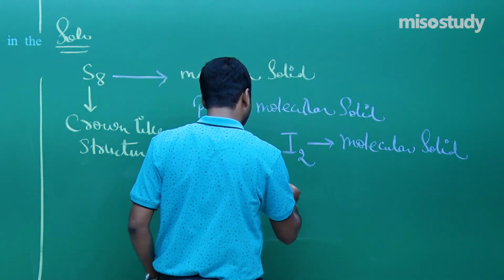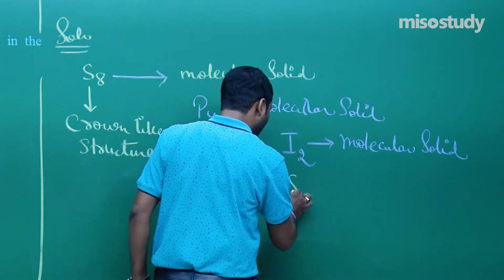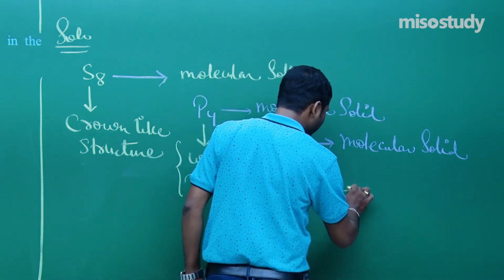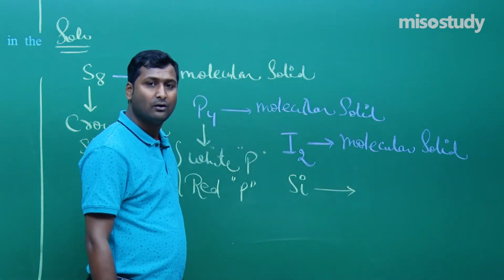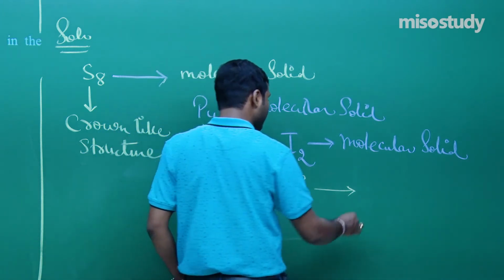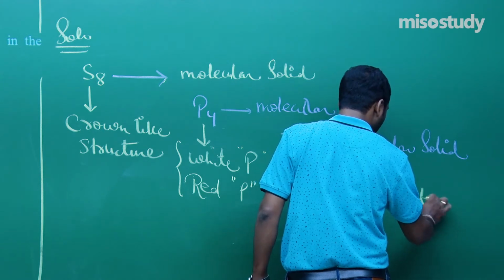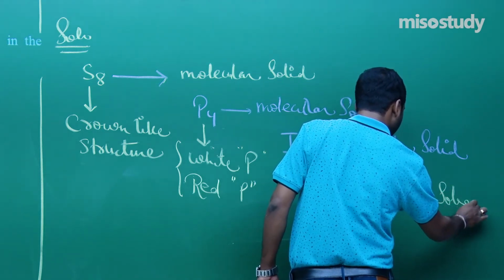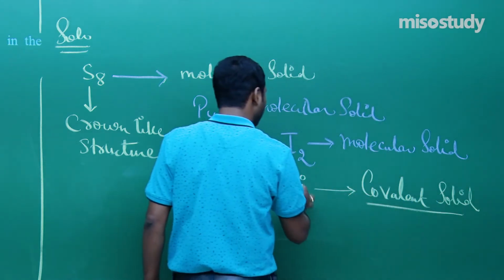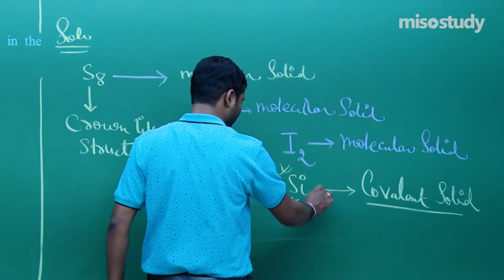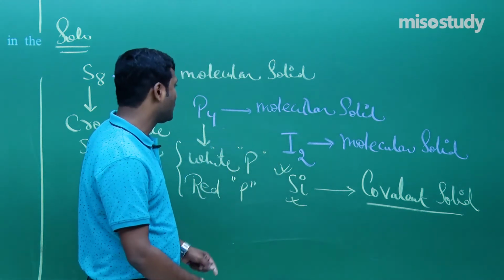If I talk about silicon, then we all know it exists as a covalent network structure, that is, it is a covalent solid, similar to diamond-like structure. Okay, this is a covalent solid.